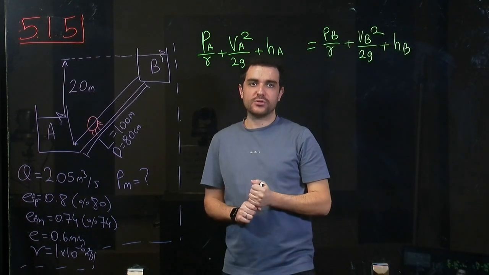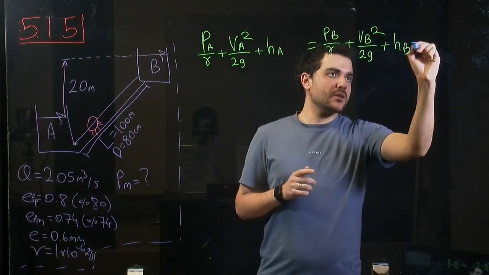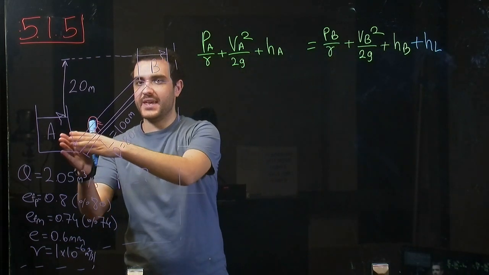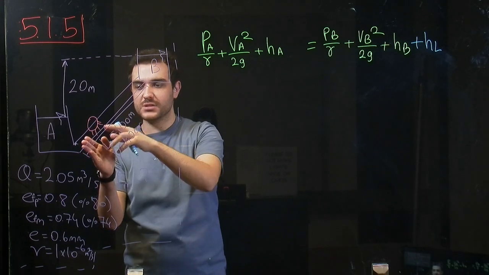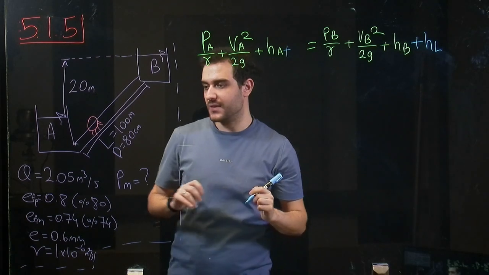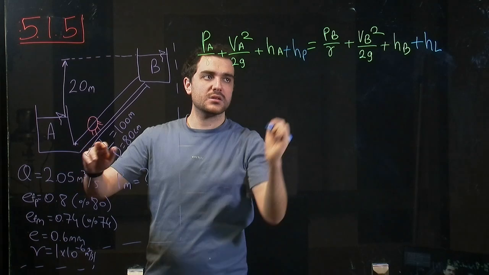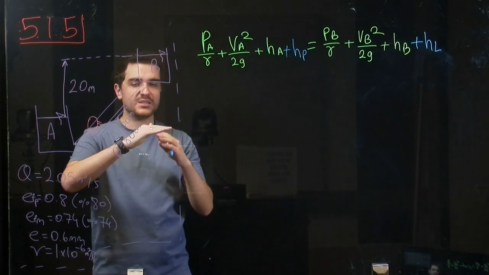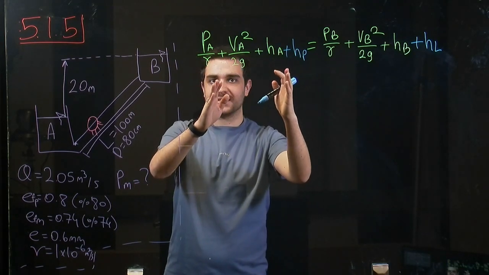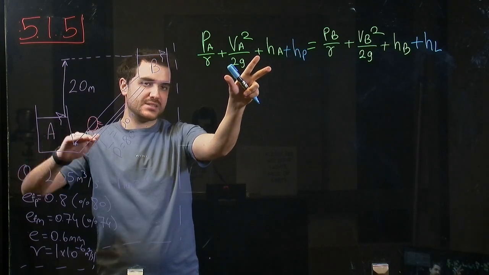So here we have two missing terms, and of course the first one will be the head loss, because we are moving from A to B, so there will be some losses throughout the pipe. And the other one is H_P, which is the elevation provided by the pump. Since this is increasing the water elevation here, we wrote that on the left hand side.